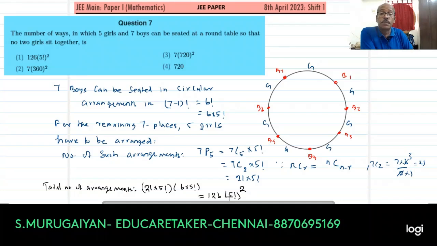If you look at the options, this option is available: 126 into 5 factorial, whole square. So we need not expand. We can mark the answer. Option 1 is the correct answer.